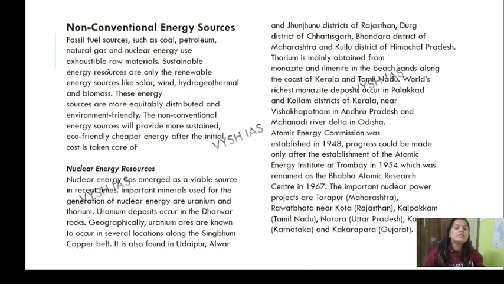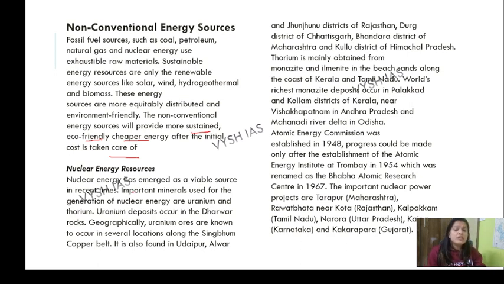The non-conventional energy sources provide more sustained, eco-friendly, cheaper energy after the initial cost is taken care of. There is only one initial cost. If you install a solar plant, it takes lakhs of rupees, so the initial cost is high. After that, it becomes cheaper for a lifetime. Yes, you can even sell solar energy to the government in reverse manner.